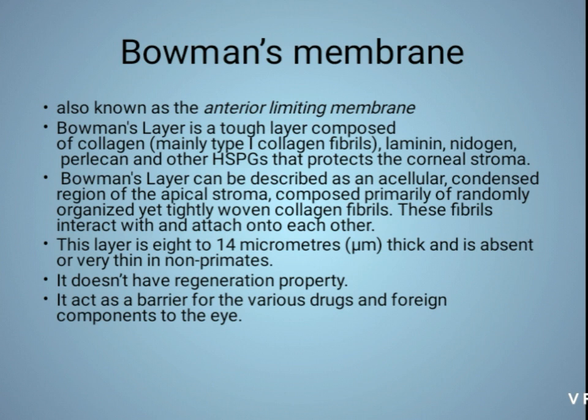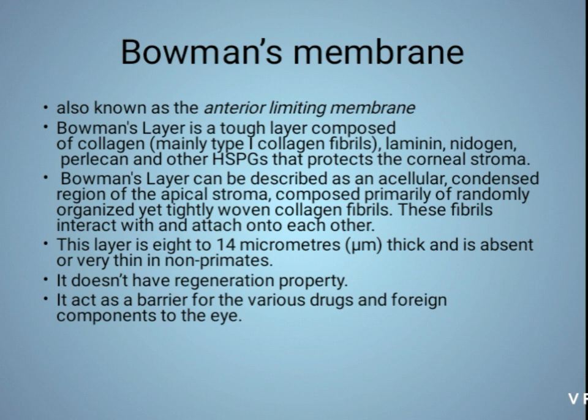The second layer of the cornea is Bowman's layer. It is also known as the anterior limiting membrane. Bowman's layer is a tough layer composed of type 1 collagen fibers and some SPGs that protect the corneal stroma.